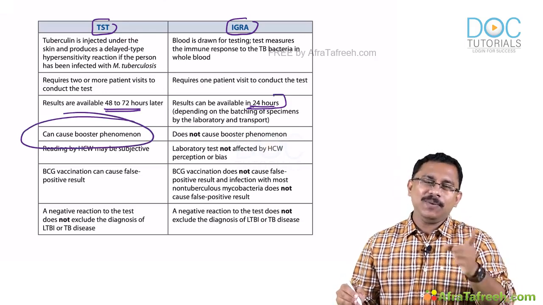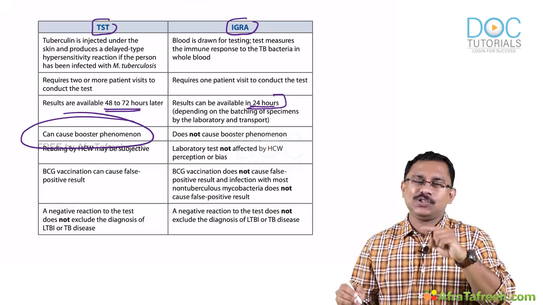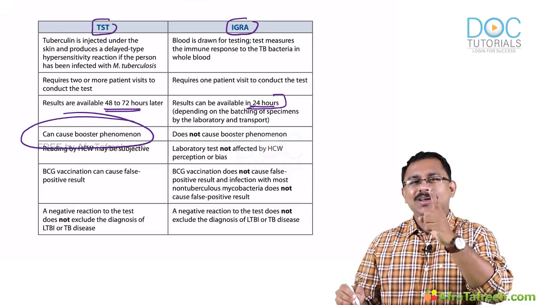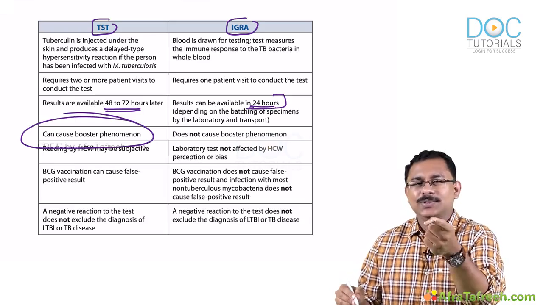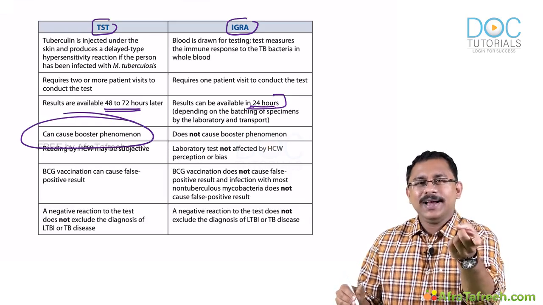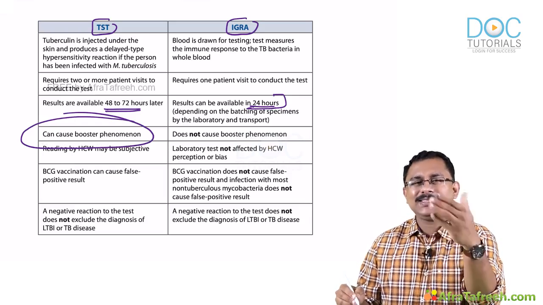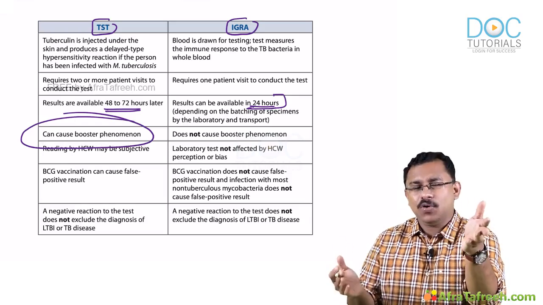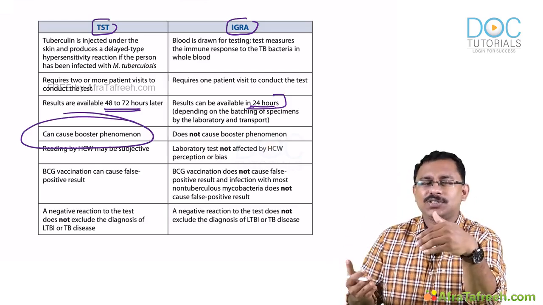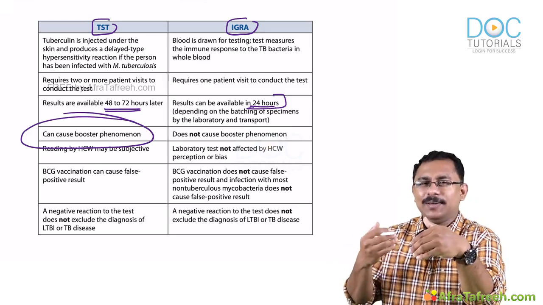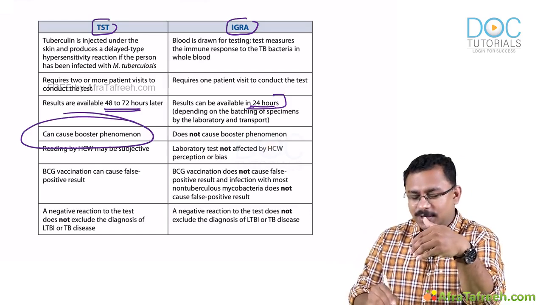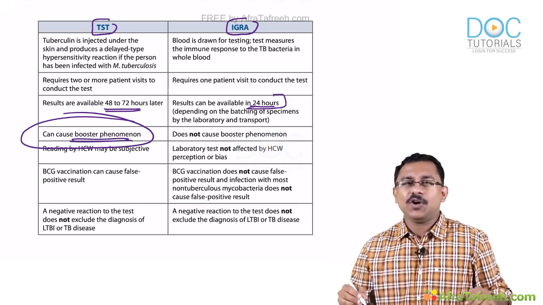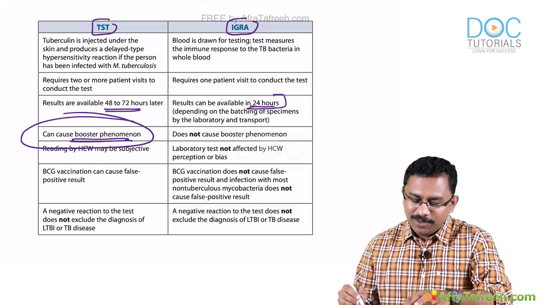If you repeat the tuberculin test in an individual, say you did it 5 months back and now repeat it, the induration might be larger just because you are giving an additional dose of the PPD. So there is a chance of an augmented response, which is called the booster phenomenon.